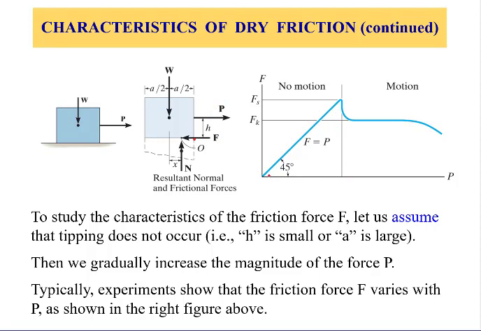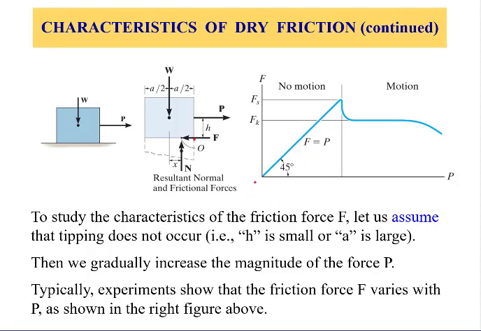Assume that we start increasing the value of the external load, the value of the friction F will increase, and that relationship is assumed to be 45 degrees, simply because the force F must be equal to P, and this is a linear equation that has an angle of 45.